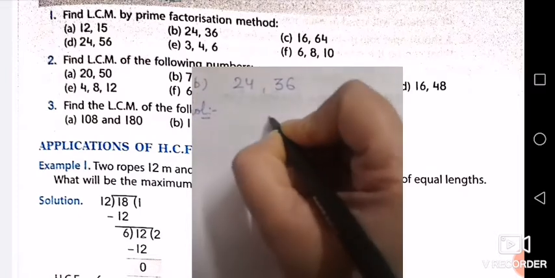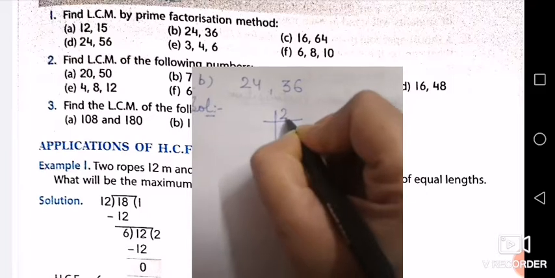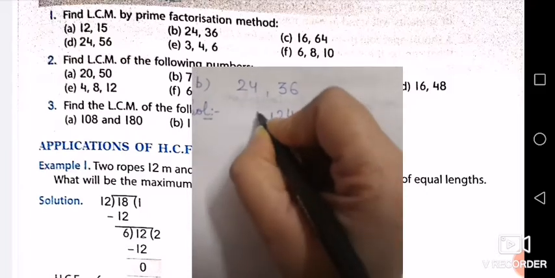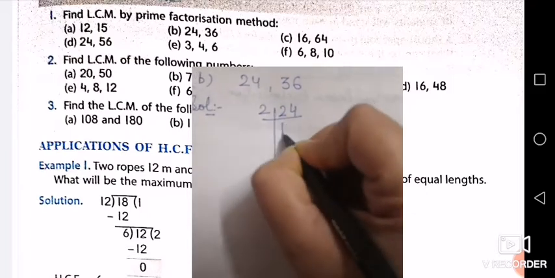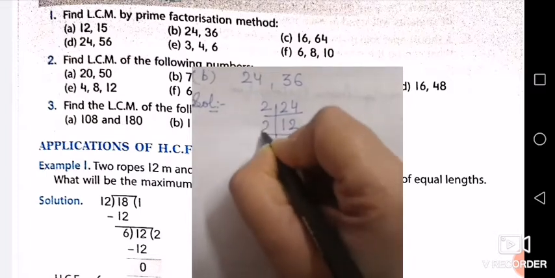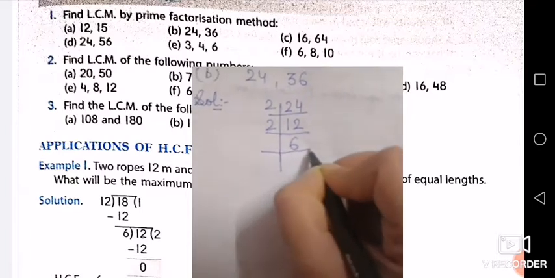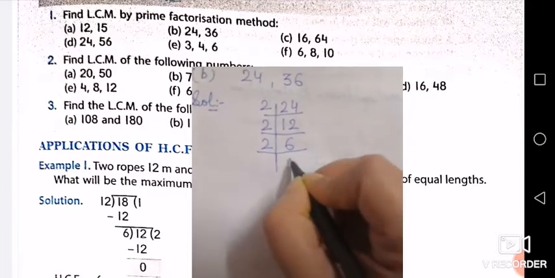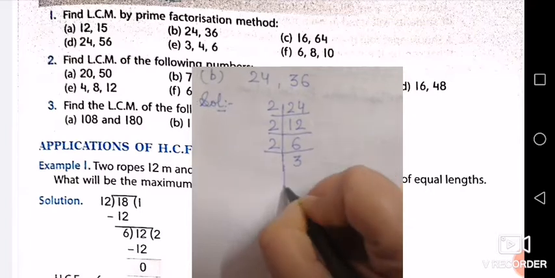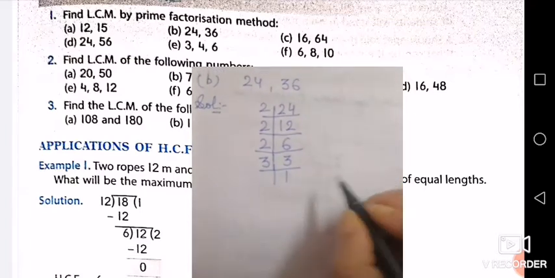So let's start with 24. The first prime factor will be 2. 2 ones are 2, and 2 twos are 4. 2 sixes are 12. Again with 2, 2 threes are 6, and then 3 ones are 3.